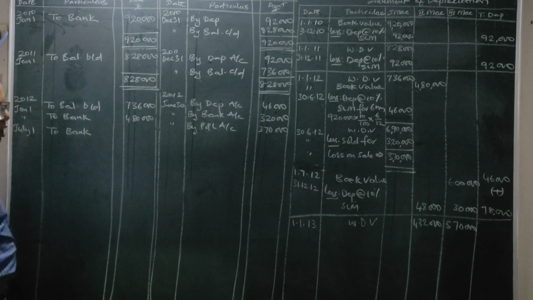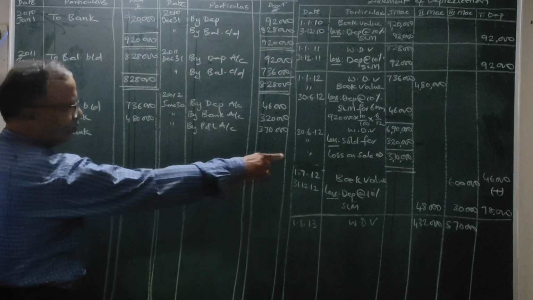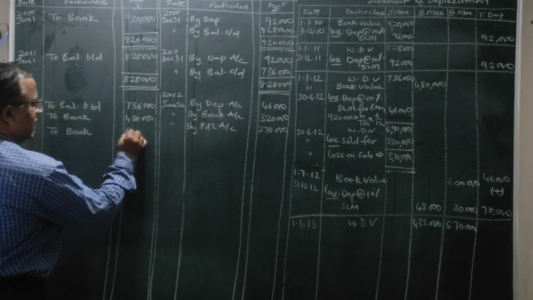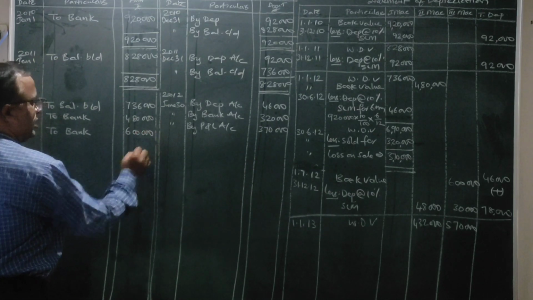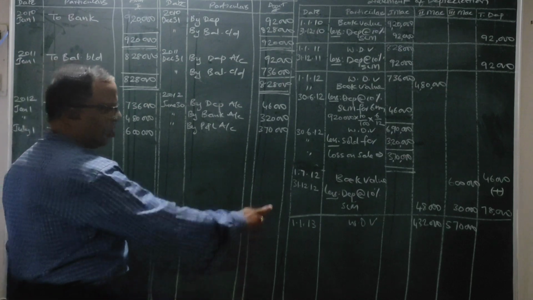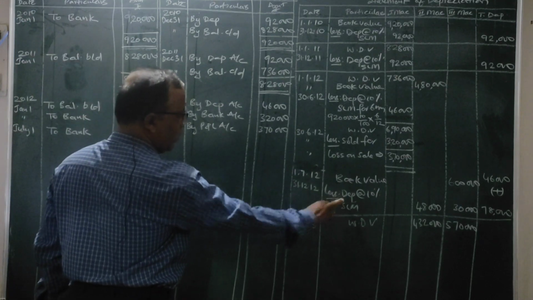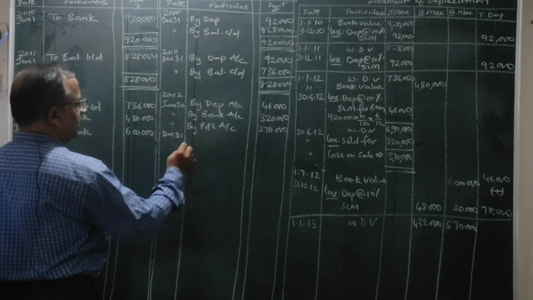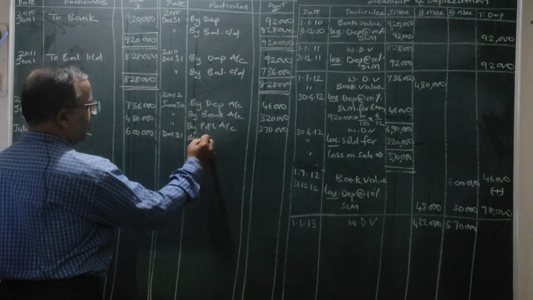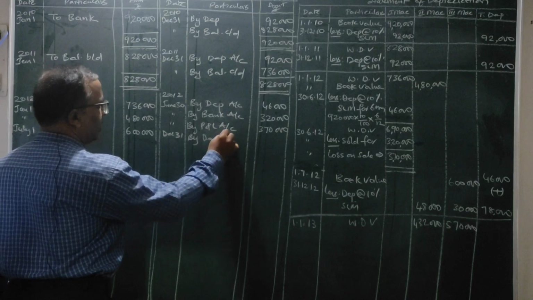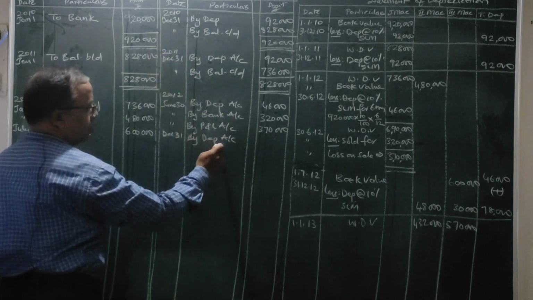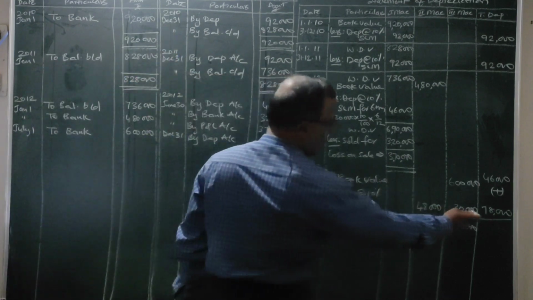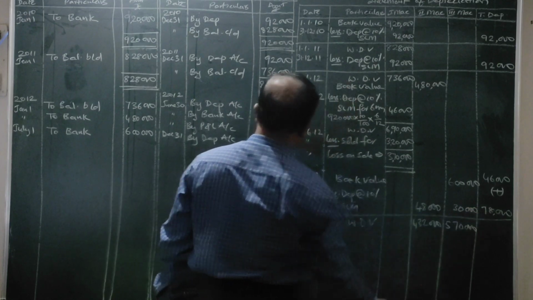You purchased it for 6 lakhs, so take 6 lakhs here. Then on 31st December you have provided this depreciation, so the entry will be depreciation account debit to machinery account. You are going to provide 78,000.